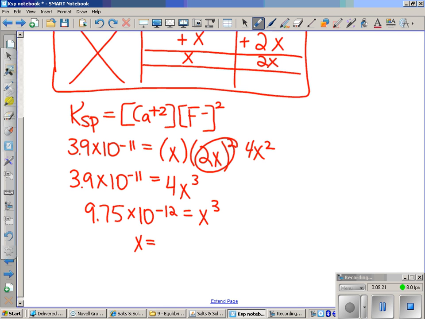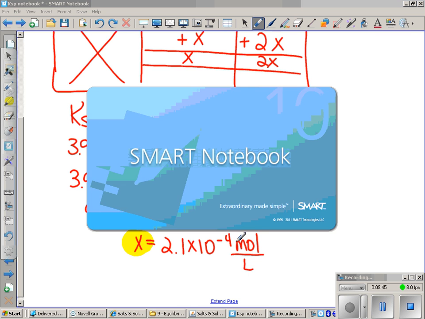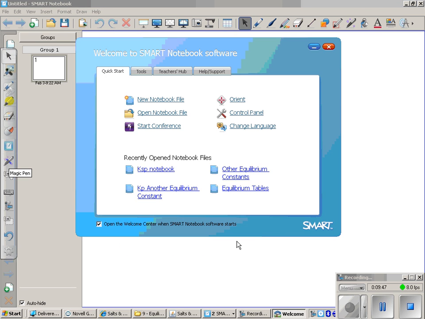Take the cube root of both sides, you can do that in your calculator, and you get 2.1 times 10 to the negative 4th. Now notice, we just solved for x. x is the molar solubility, so this unit is moles per liter, moles per liter of whatever this substance was.